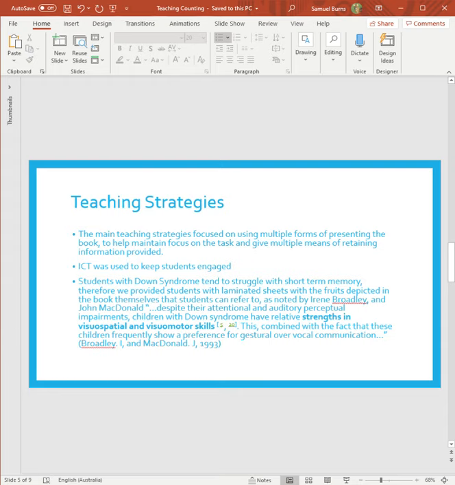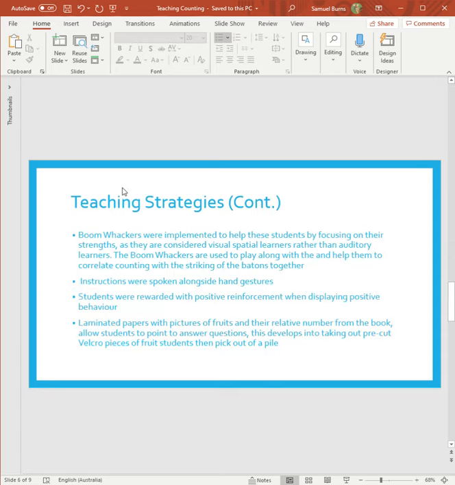Students with Down syndrome tend to struggle with short-term memory. As such, we gave students laminated sheets which they could point to if they needed to. This is due to them having strengths in visual, spatial, and visual motor skills, and they also show a preference for gestures over vocal communication.